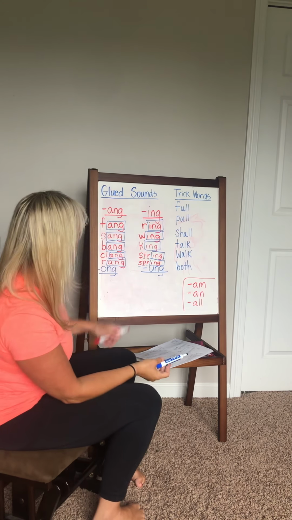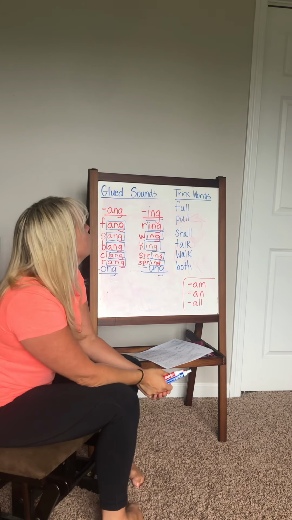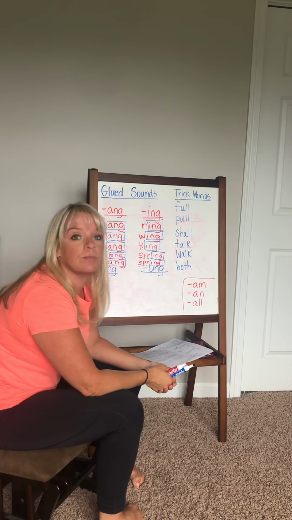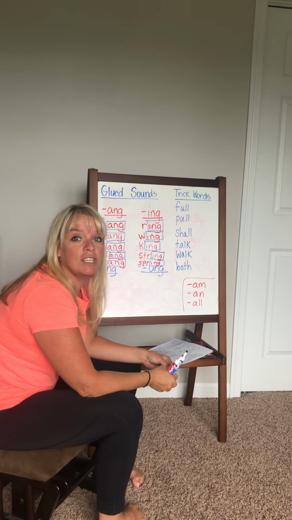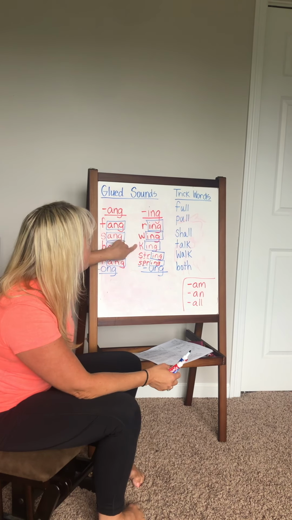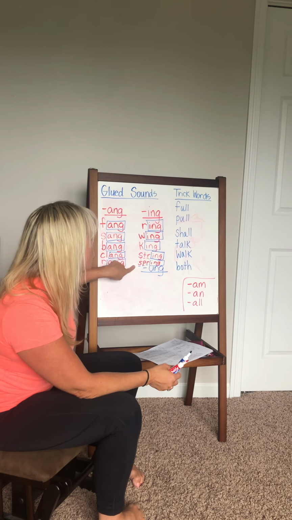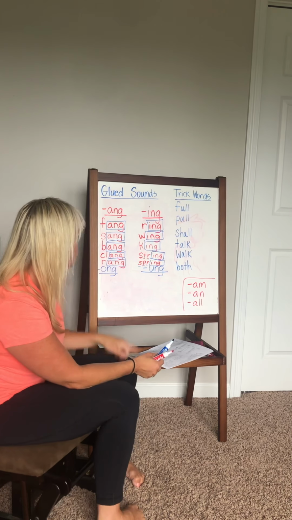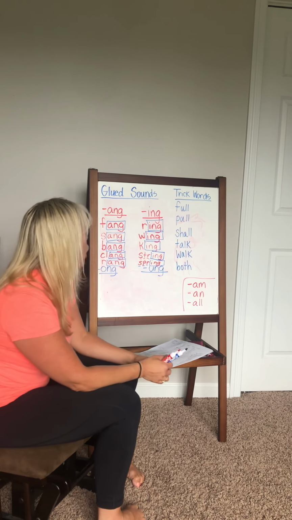Okay, so those are your 5 words that you should practice with your new ING glued sound. Ring, wing, king, string, spring. All right, let's go on to your next glued sound.